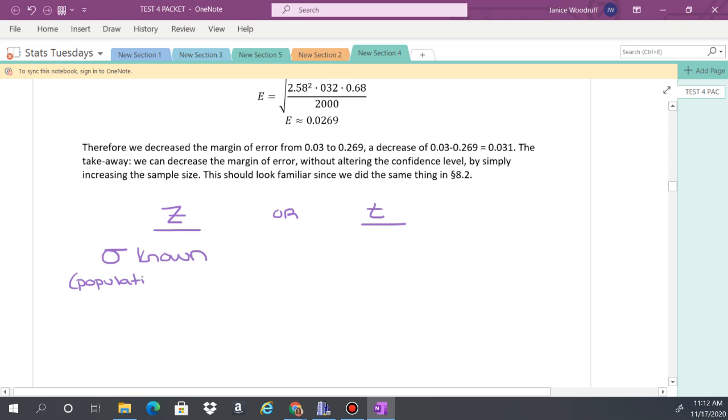It'll say the population standard deviation. Okay, when it is normally distributed, and then also when we are dealing with a proportion. So the problem is given to you as a percent.